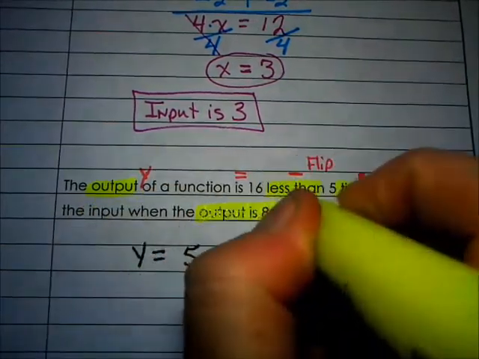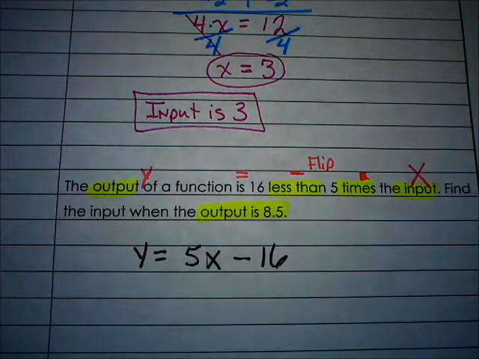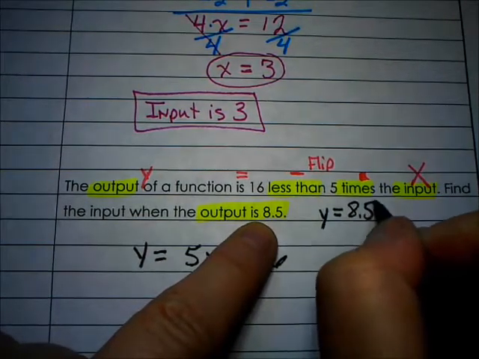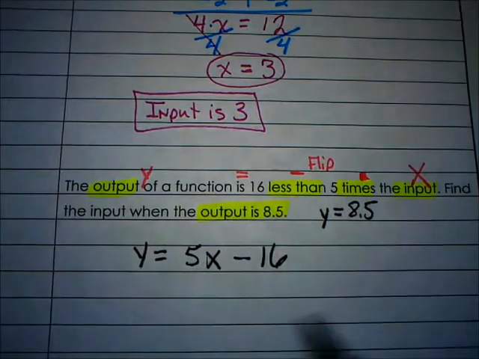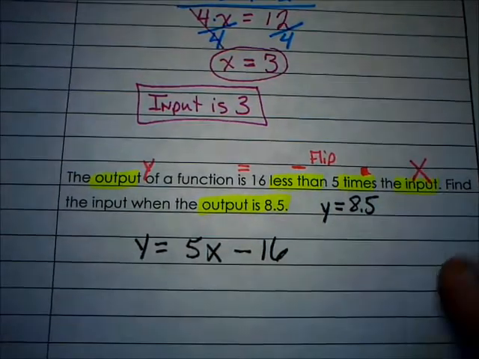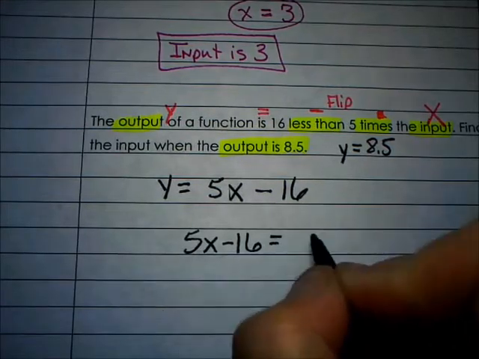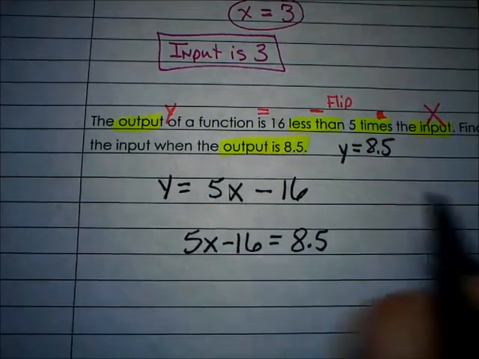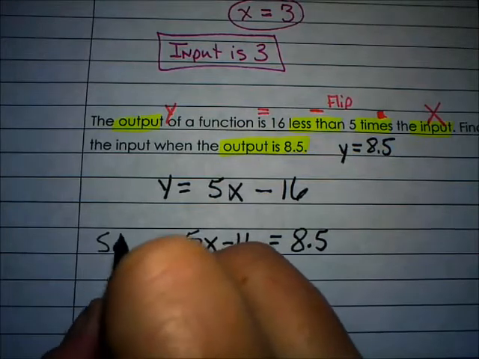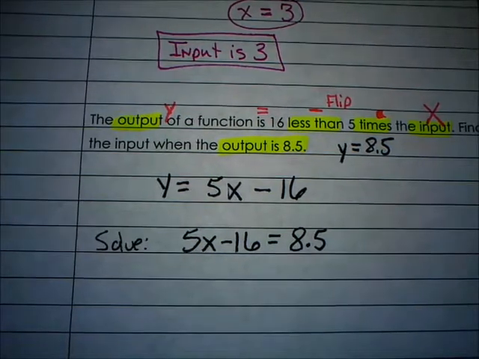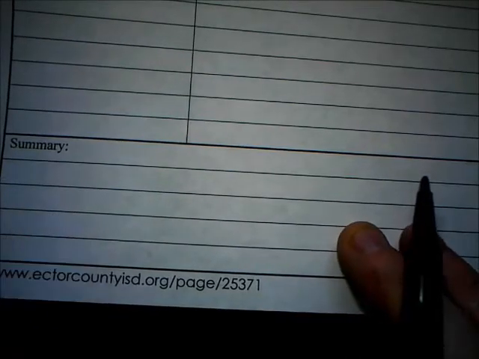And it also tells me my output is going to equal 8.5. So to write my equation, put these two things together, and you'll have 5x minus 16 is equal to 8.5. Now I want you to solve this for your independent practice. We'll check it and then make you answer your summary on how do you solve two-step equations.